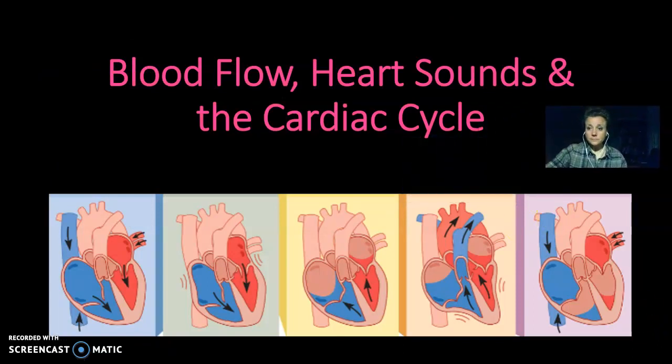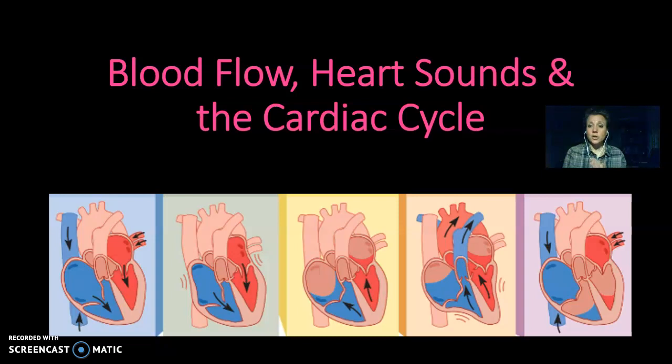All right. So the electrical activity of the heart is going to cause not just a switching of ions, it's going to cause contraction and relaxation of the cardiomyocytes. And so one full cycle of this, like when the atria contract and then they relax and the ventricles contract and they relax, well, that's called one cardiac cycle.